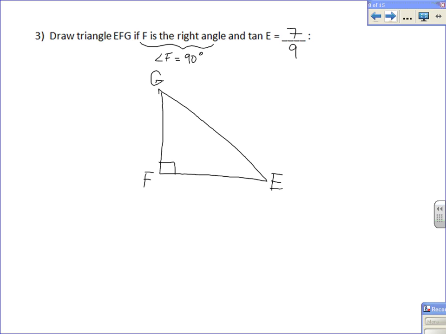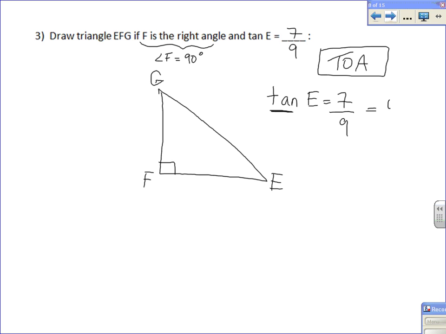Now, I know that the tan of E is equal to 7/9, and I also know that the tangent, remember your SOHCAHTOA, or use your data booklet, I know that the tangent is always written as a ratio, opposite over adjacent, which tells me that if the ratio is 7/9, the opposite side is equal to 7, and the adjacent side has a length or is equal to 9. So we could go ahead and label our triangle.